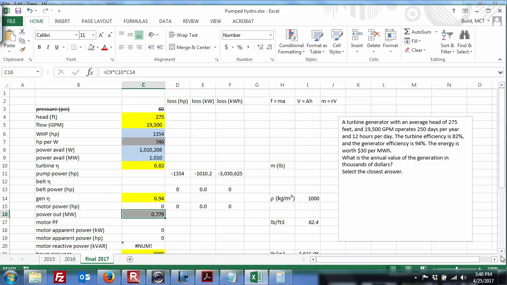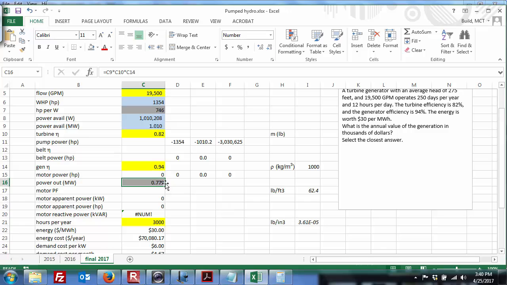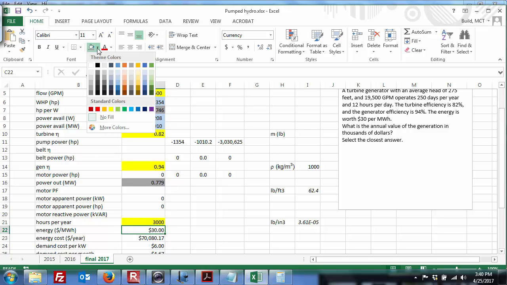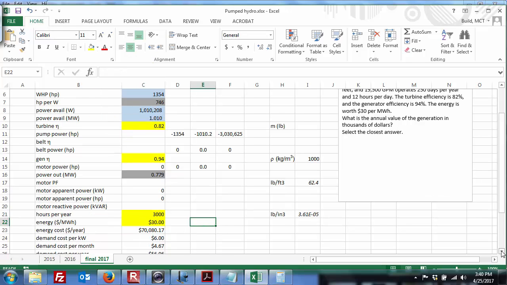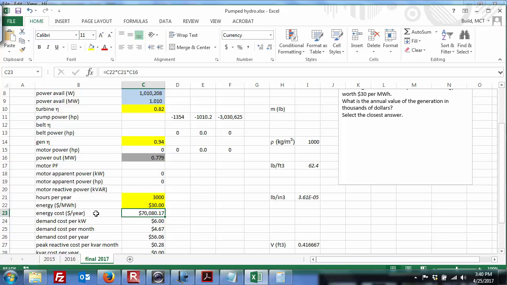And now there's our hours per year. Here's our energy. Let's highlight that too. That was part of the given. And now energy out per year in megawatt hours equals power out times hours per year.